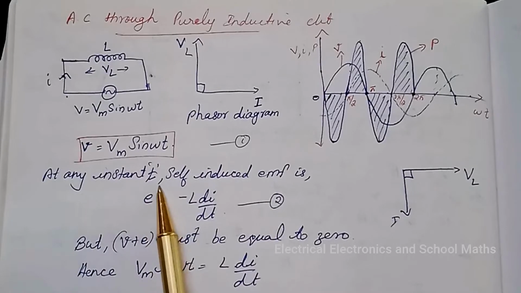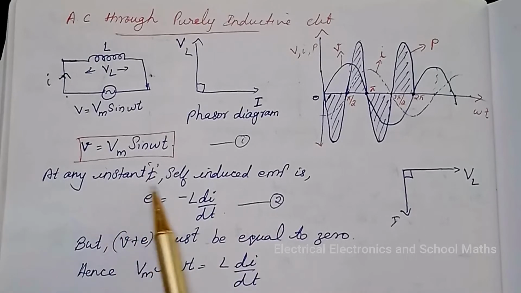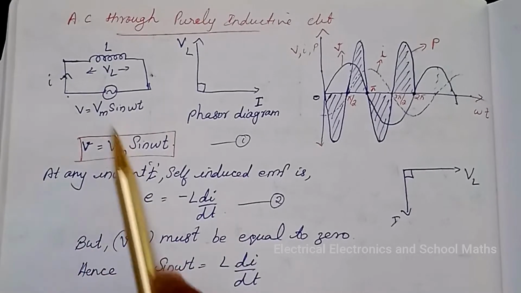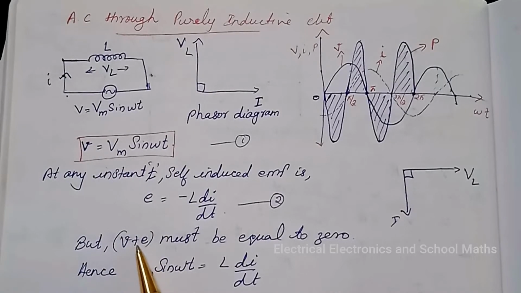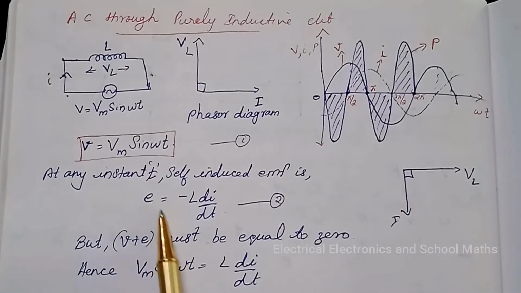At any instant t, the self-induced EMF is E equal to minus L into di by dt. But according to Kirchhoff's voltage law, V plus E must be equal to 0, where V is the applied voltage and E is the self-induced EMF or back EMF.